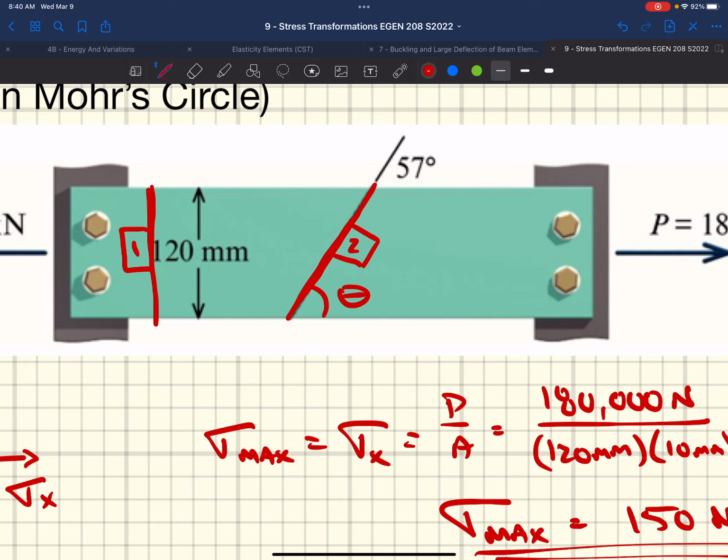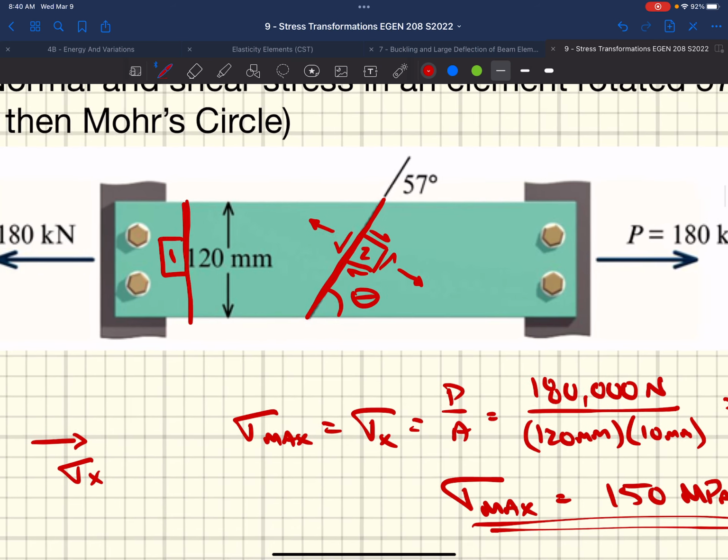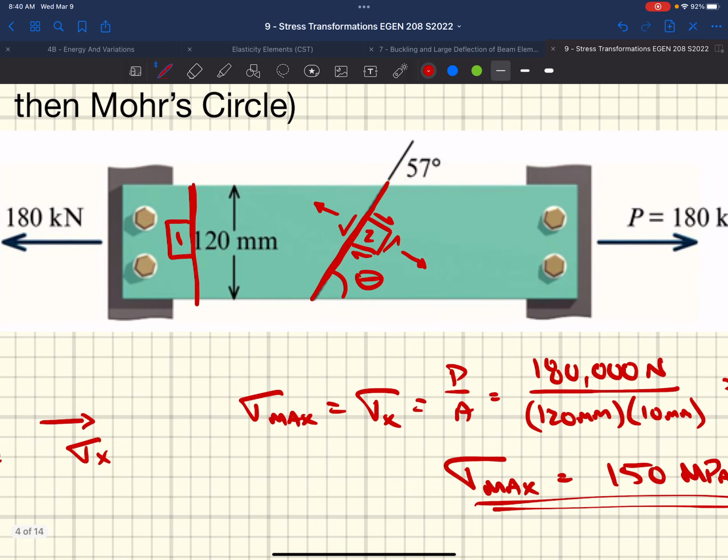So we can imagine now we're going to see the components of that resultant P force. And as we've seen before, there might be shear stresses and normal stresses going on in this block.